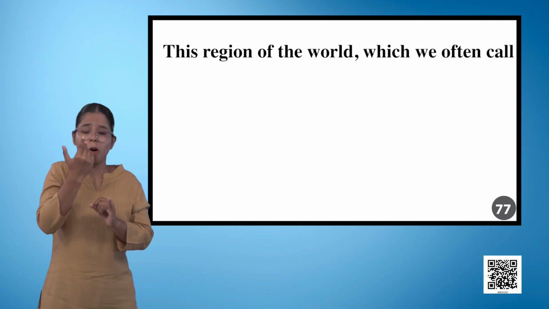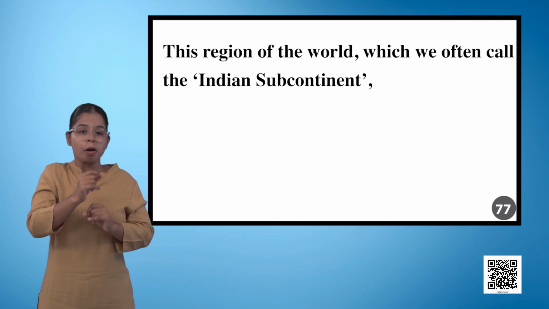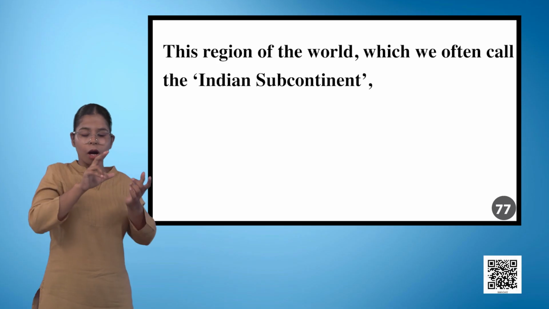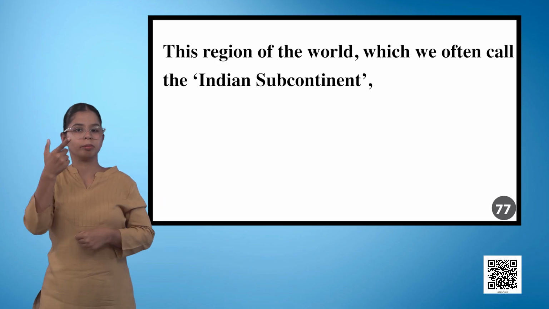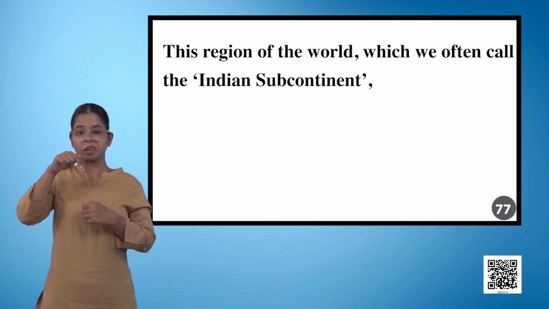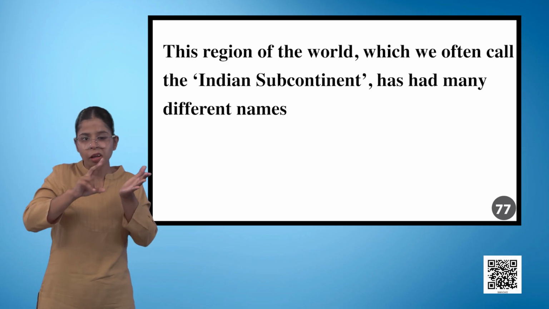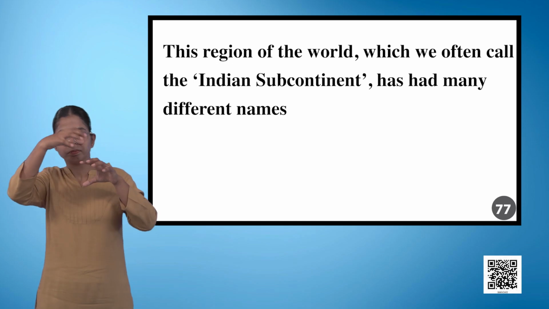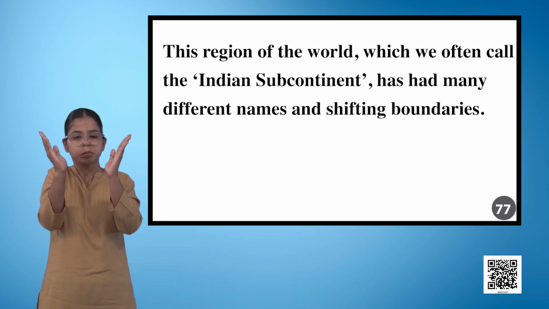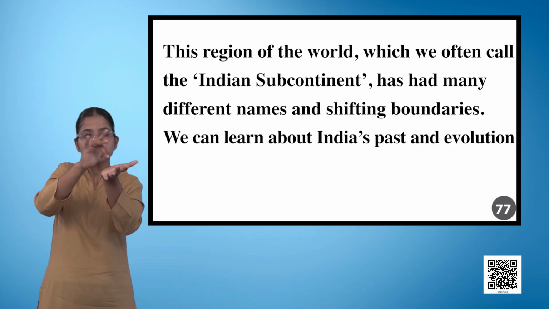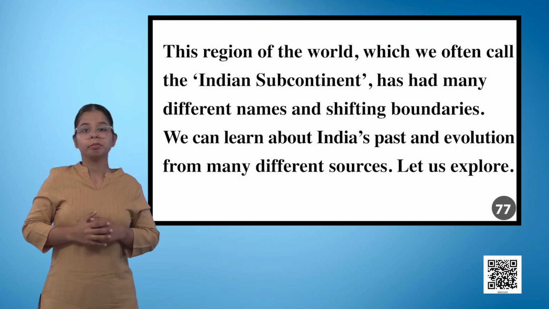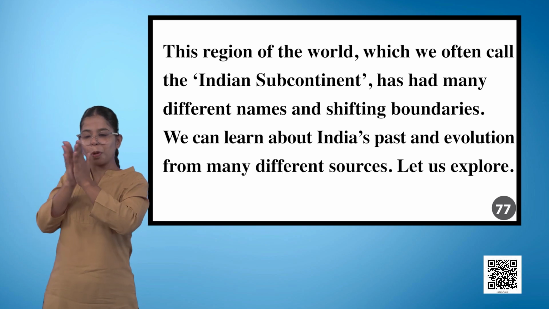This region of the world, which we often call the Indian subcontinent, has had many different names and shifting boundaries. We can learn about India's past and evolution from many different sources. Let us explore.